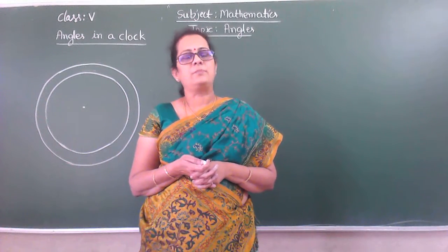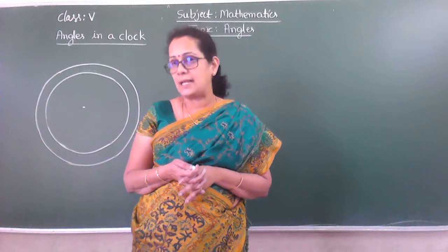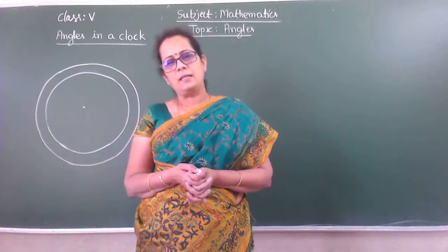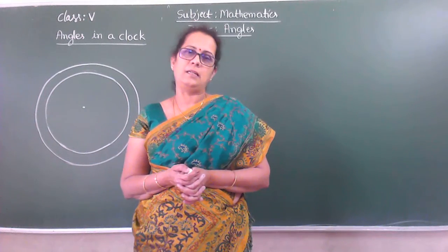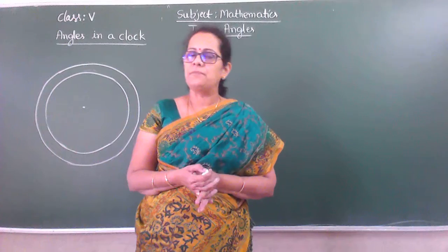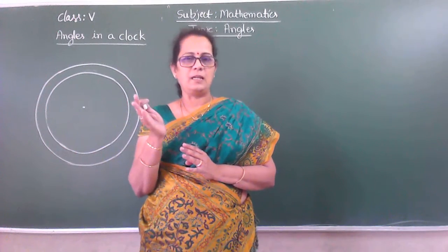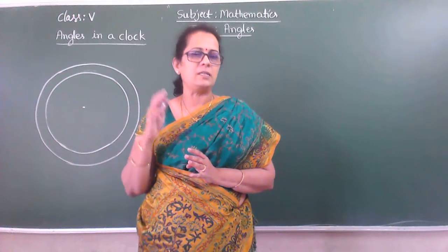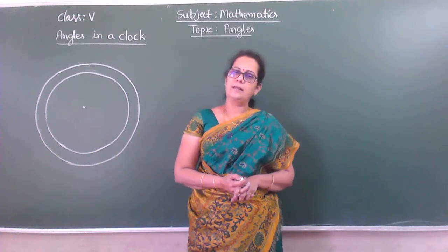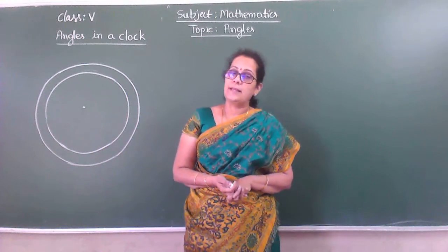If the angle measures exactly 90 degrees, then it is a right angle. If the angle is less than 90 degrees, then it is an acute angle. If the angle is more than 90 degrees and less than 180 degrees, then we call it an obtuse angle, isn't it? Next, what about a straight angle?